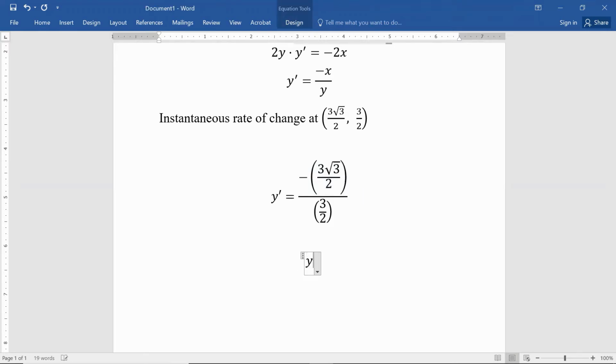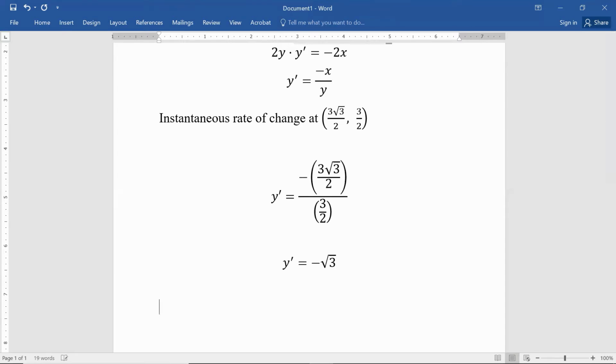We would end up with y prime equals, the 3's cancel out, the 2's cancel out, you'd end up with negative square root of 3. So y prime equals negative square root of 3. Now that's the slope of the tangent line.